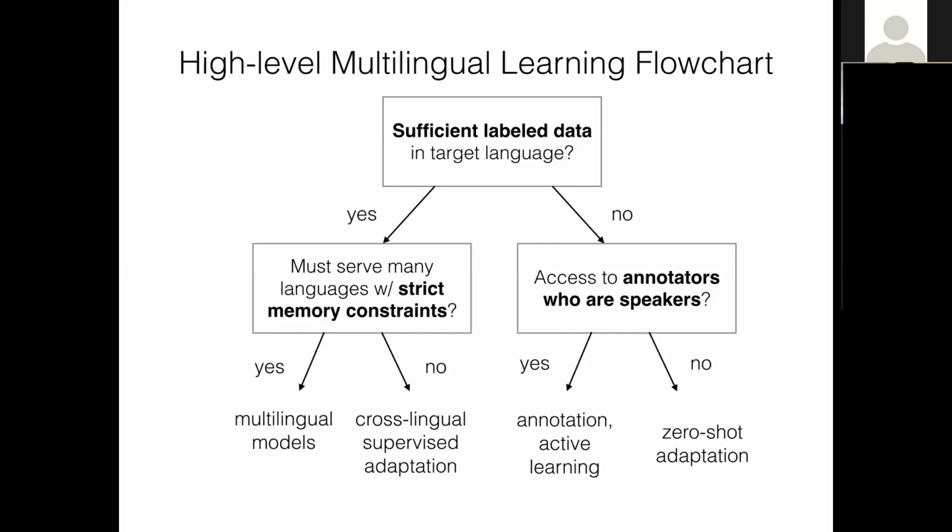If we don't have sufficiently labeled data in the target language, and we have access to annotators who are native speakers of that language, then we can use techniques like active learning, which allows us to collect data in the target language efficiently. But if we don't have access to annotators, then we can do a zero-shot adaptation method, where we directly apply the multilingual model or the cross-lingual model on the target data.